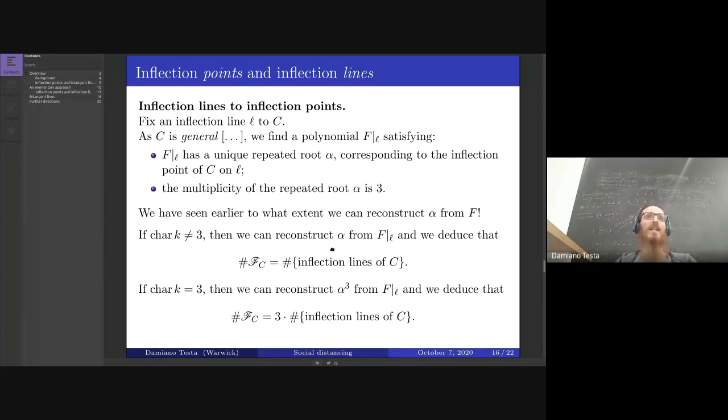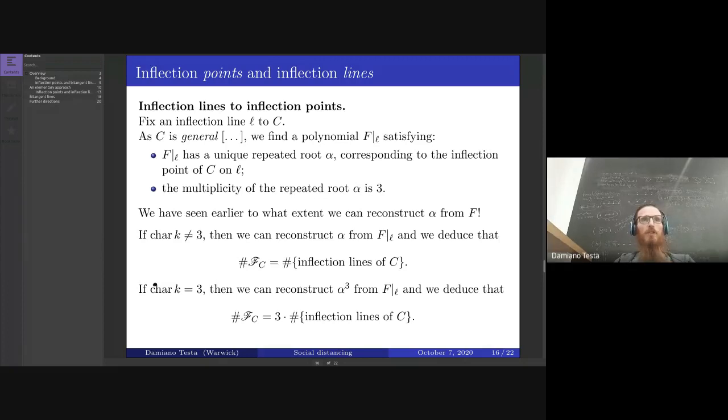And so I can actually write alpha specifically with that, evaluating that rational function at the coordinates of f, unless I'm in the polar set that Roger asked about. And so in this case, when the characteristic is not 3, I deduce that the size of my set is still also the size of the inflection lines. We didn't really gain much information from this trick of projecting on one coordinate and projecting on the other coordinate.